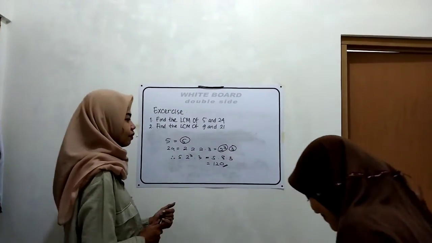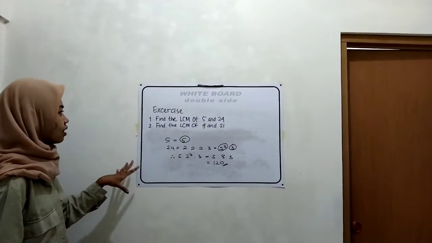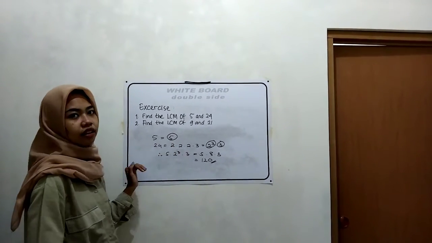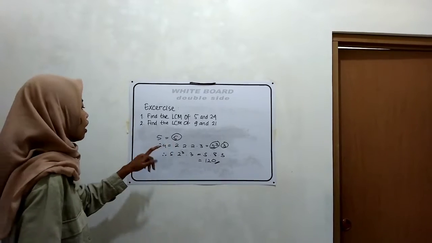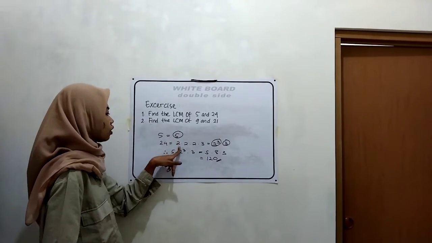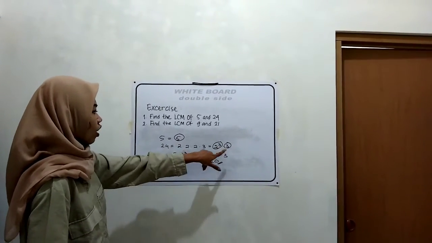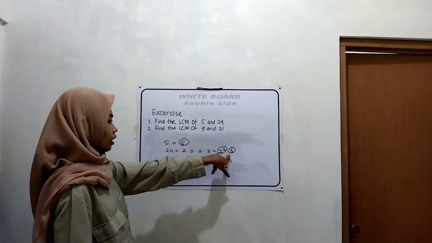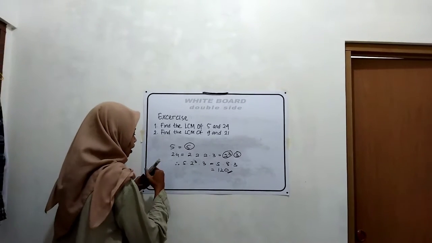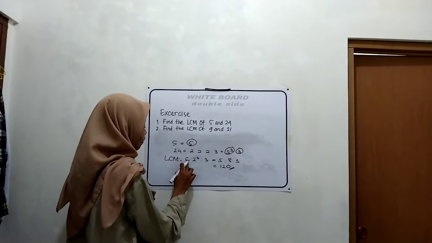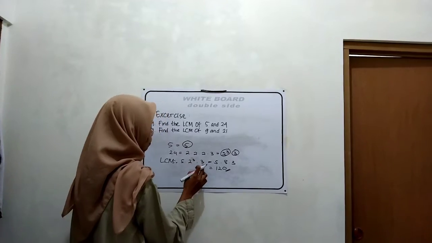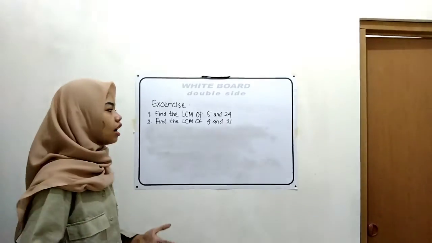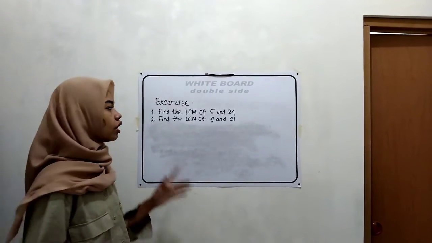Okay, thank you. Jude answered number 1. 5 is the prime factor, and 24 is 2 times 2 times 2 times 3, or simply 2 cubed times 3. Then the LCM is 5 times 2 cubed times 3, which is equal to 120.